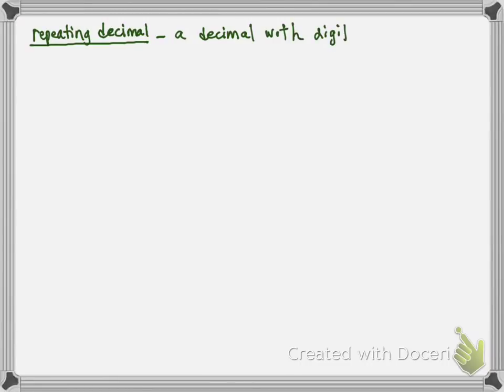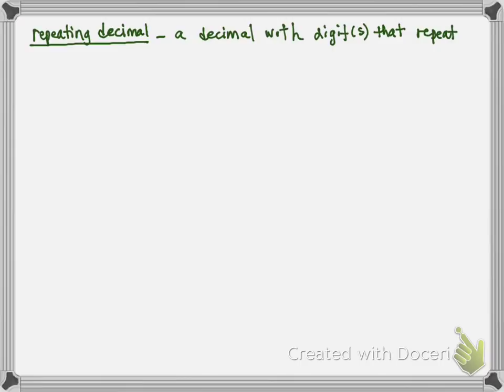So this is how this is written. You write the word digit, you put parentheses with an S inside, and that means it could be one digit or it could be more digits. So repeating decimal is a decimal with digits, digit or digits that repeat. That pretty much explains what that says.